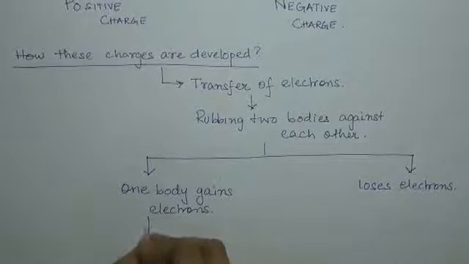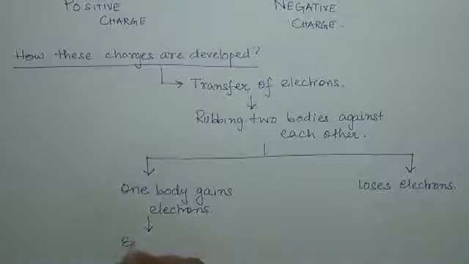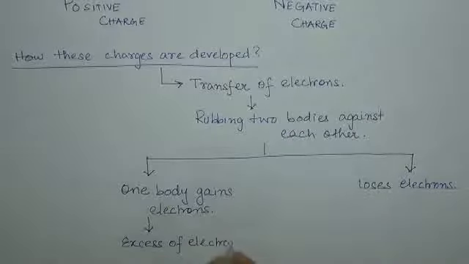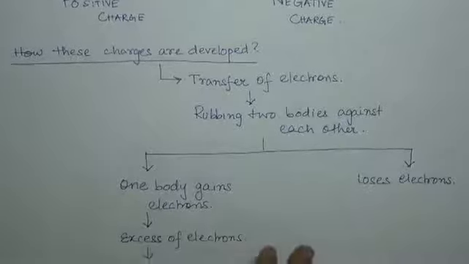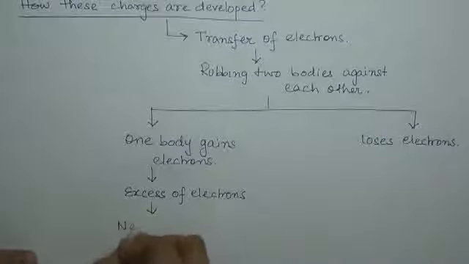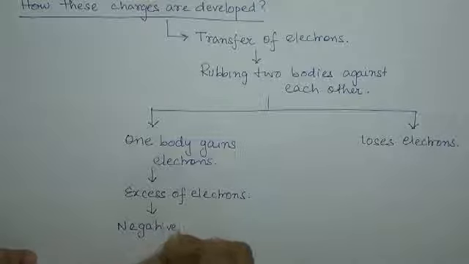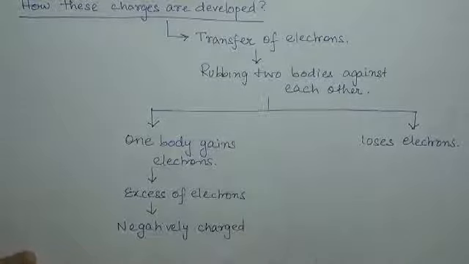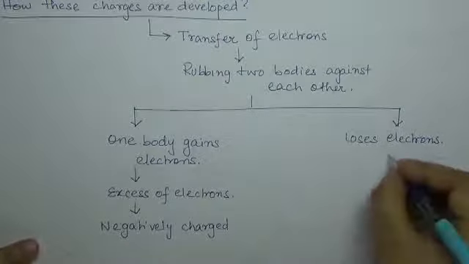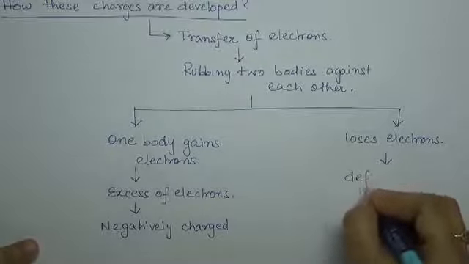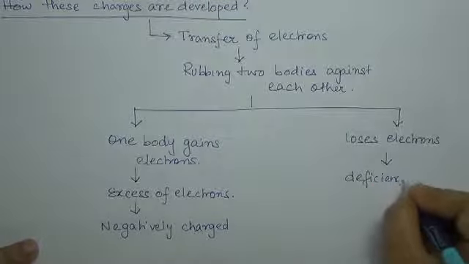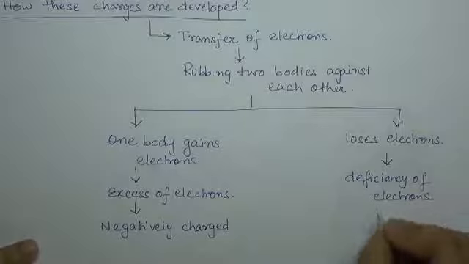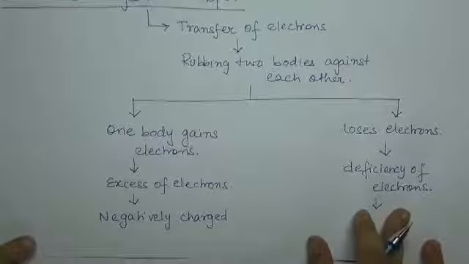The body which gains electrons has an excess of electrons, and hence it is negatively charged. The one that loses electrons has a deficiency of electrons, and it becomes positively charged.